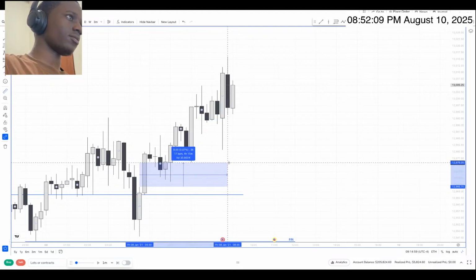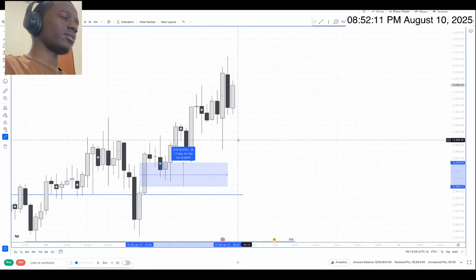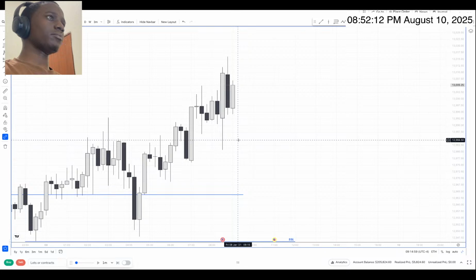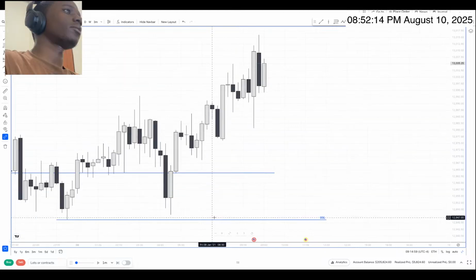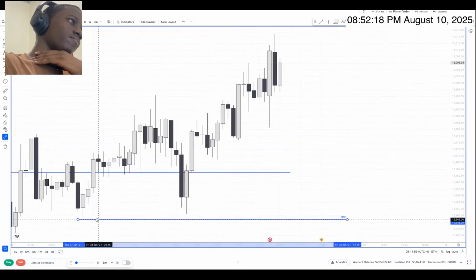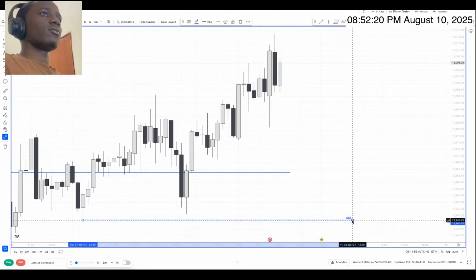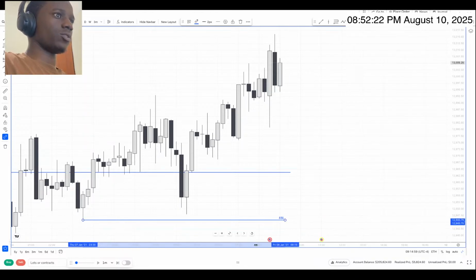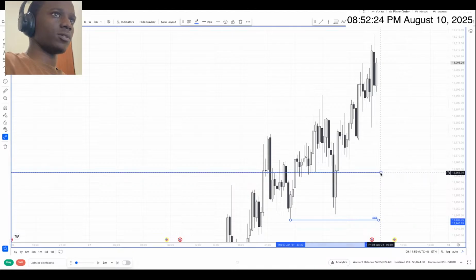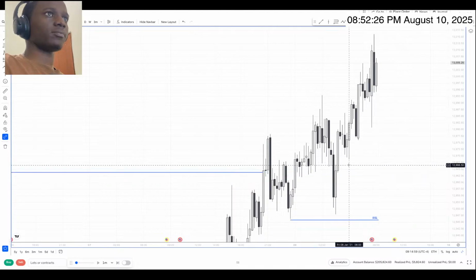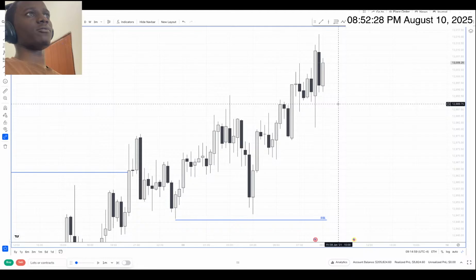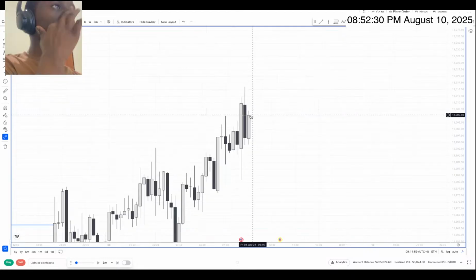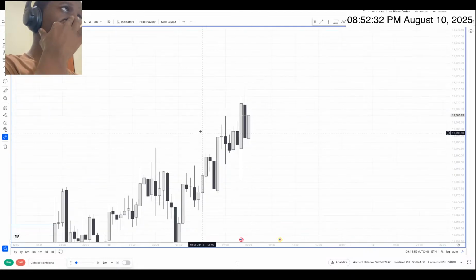Look at this one here, very nice as well. So I'm looking for this to get taken out. And this here is the market shift, which happened somewhere here, and we're going choppy. So if we don't burst out to the upside, then we will surely rebalance.